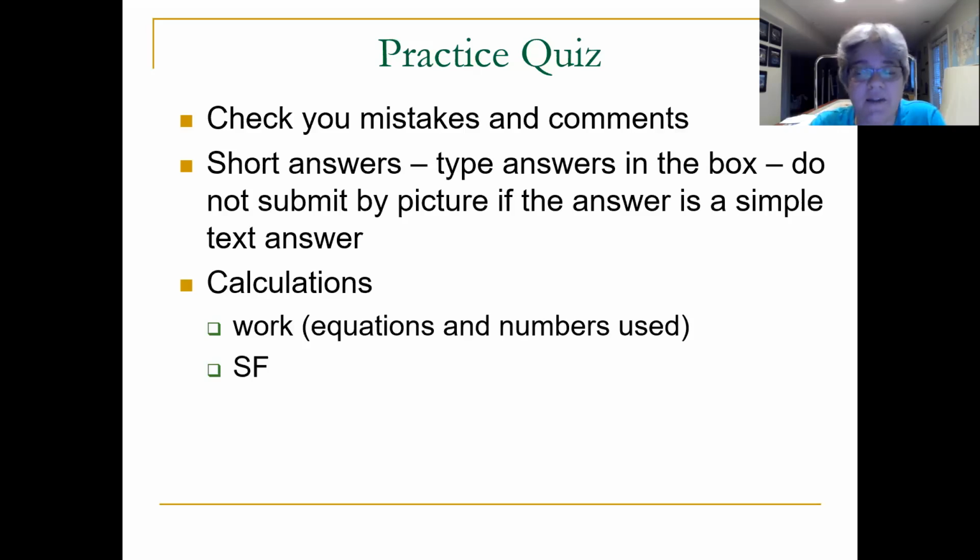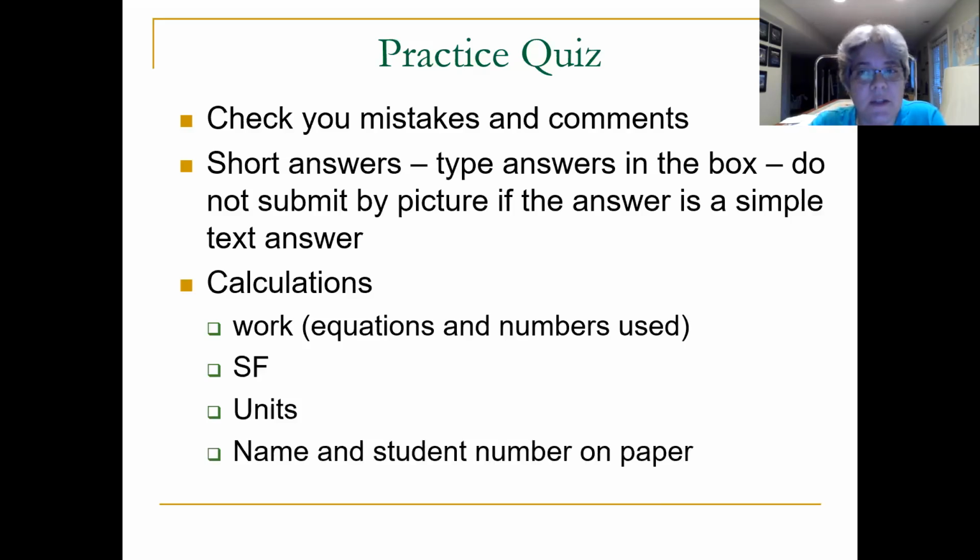There were a lot of issues with significant figures, both in the practice quiz and in the homework. You need to pay attention to those. You need to pay attention to units. If a number needs units, you need to have them. You will lose points if you do not do these things.